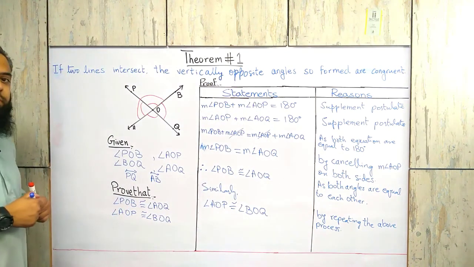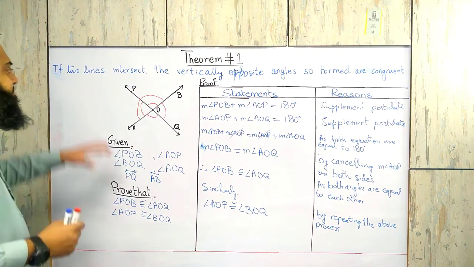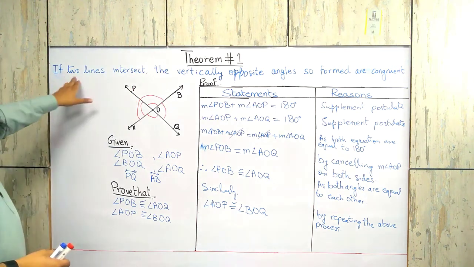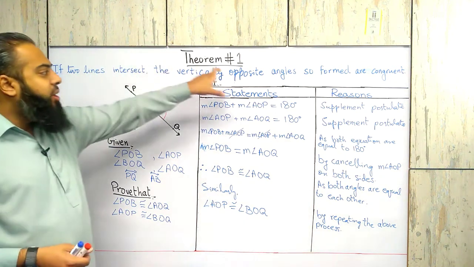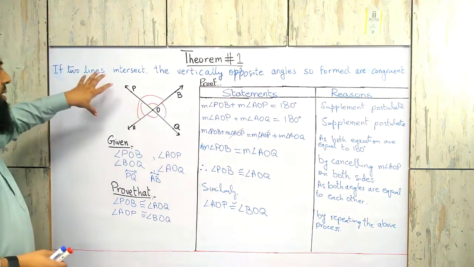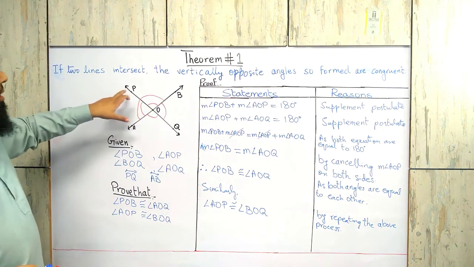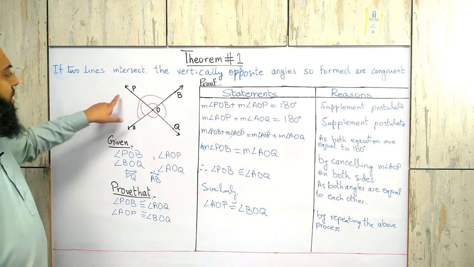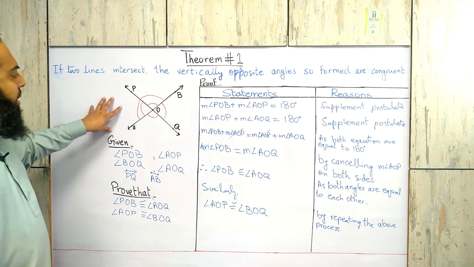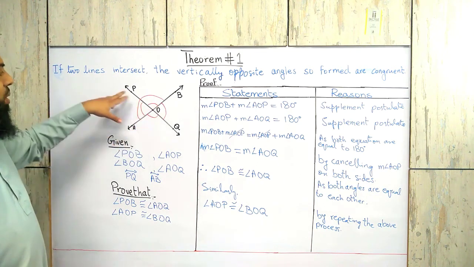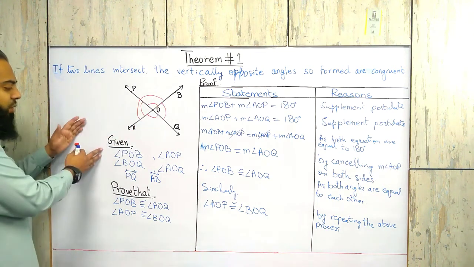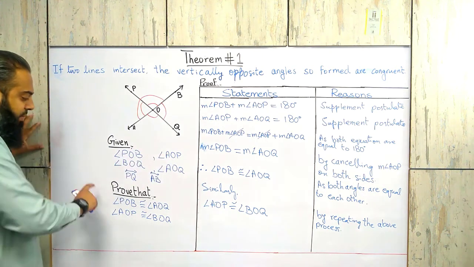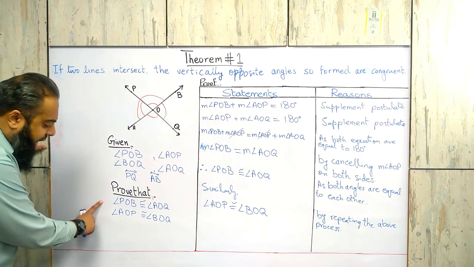Okay, students. Now let's revise it again. Our Theorem 1 was: if two lines intersect, the vertically opposite angles so formed are congruent. The vertically opposite angles over here are POB, which is vertically opposite to AOQ, and POA, which is vertically opposite to BOQ. Now what is given? The four angles and two straight lines. What we have to prove?